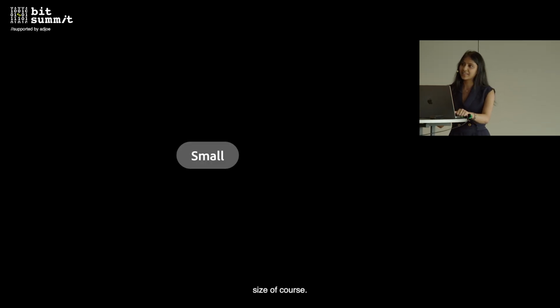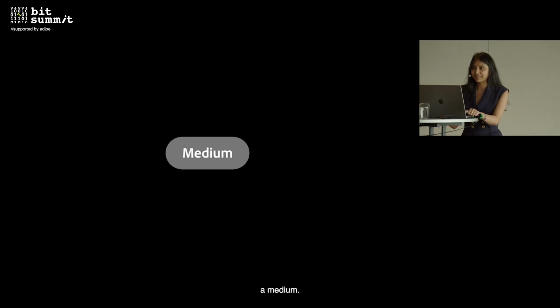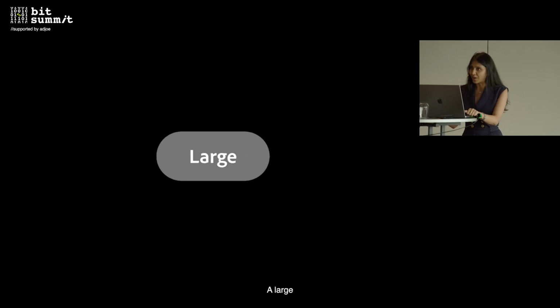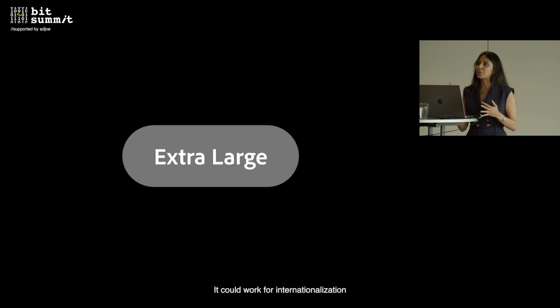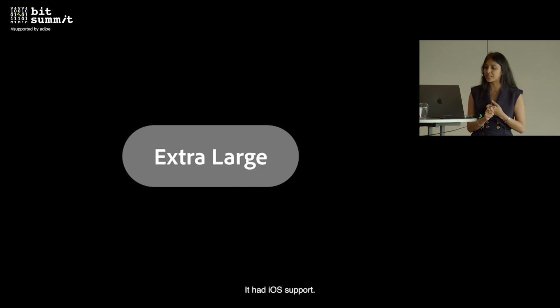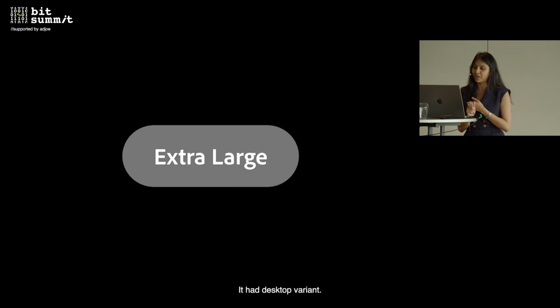Size, of course. It had a small size, a medium, a large, an extra large. It had dark theme, it had light theme, it could work for internationalization, for any text length, it had mobile support, it had iOS support, it had desktop variant, it was accessible. This button had it all and was ready to go.